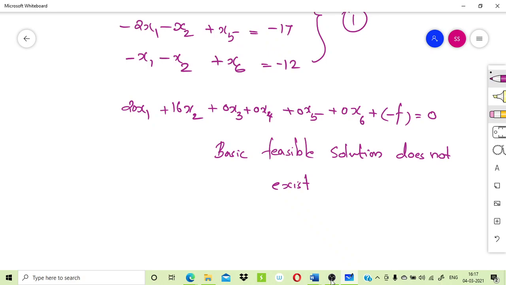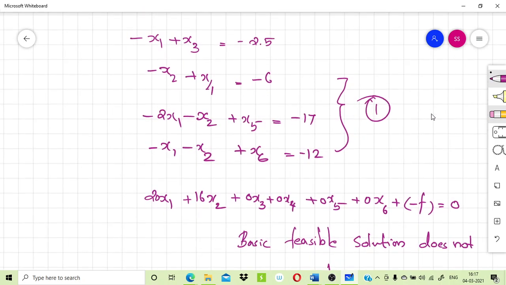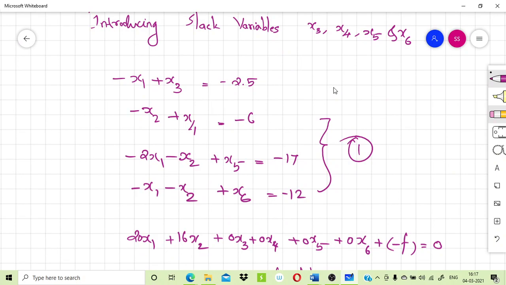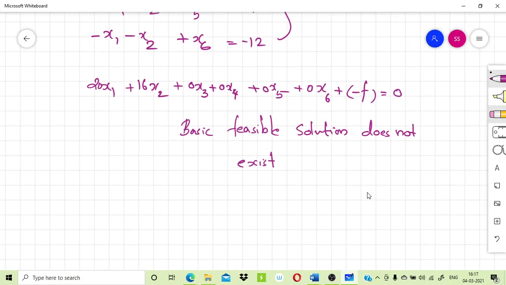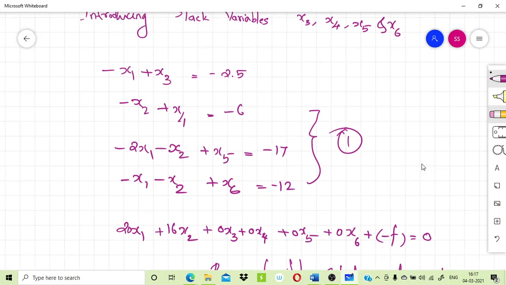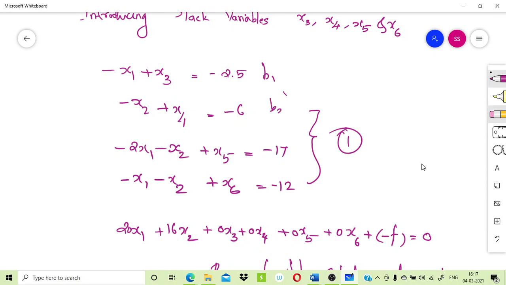So, an interesting point to be noticed is that if you find the dual of this LPP, then in place of B1, B2, B3, B4, we will get in the dual C1 and C2.